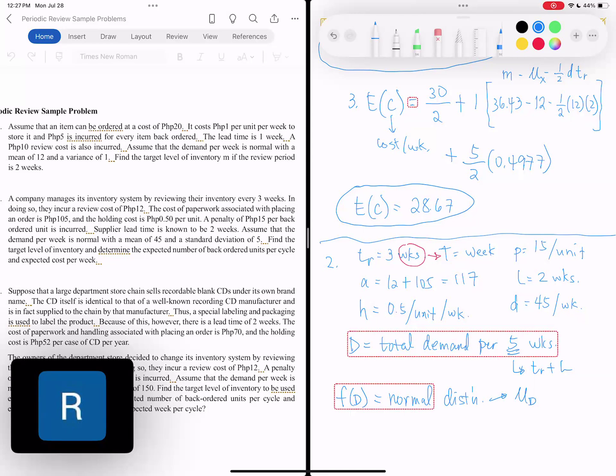Now, just to practice what we learned earlier, mu D is, since this is demand per 5 weeks, and you're given the average demand here, 45, which is just for 1 week, then how do you compute mu of capital D?